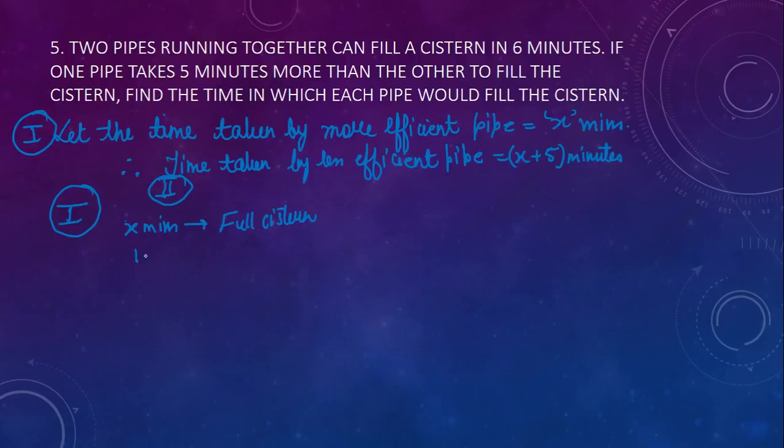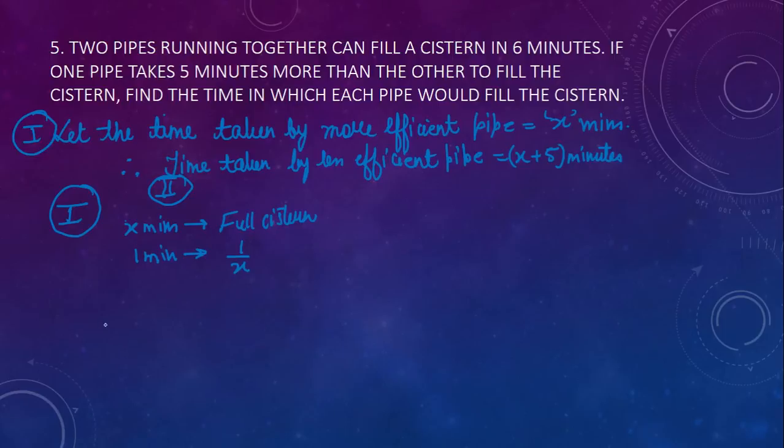But in 1 minute, how much of the cistern will it fill up? Only 1 by x. It will fill up only 1 by x of the whole cistern in 1 minute, because it is taking x minutes to fill up the whole cistern.